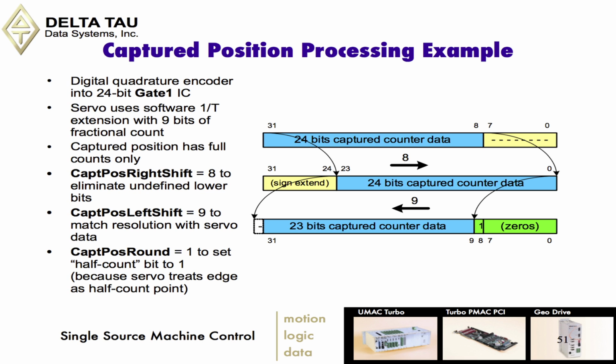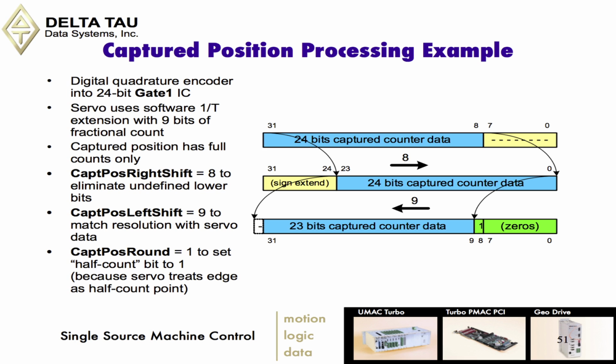And then there's this other one called cap pause round, which is set to 1 so that the half count bit is set to 1. This is because on the gate 2 the servo is treating that edge as a half count. So for the Turbo PMAC guys, you power up your PMAC and you always see that half a count on there. That is what is going on. That is what's causing that half a count.